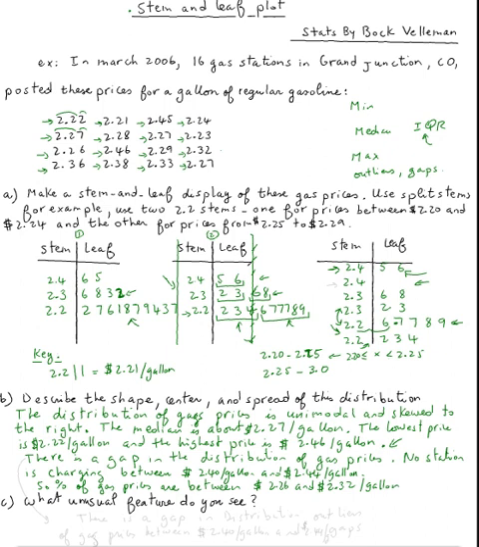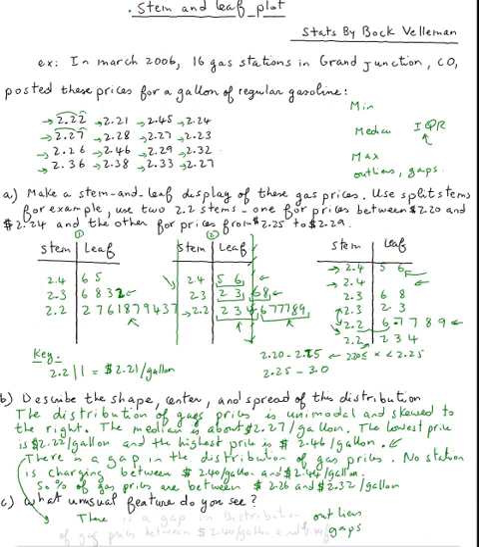Now, what unusual features do you see? Remember, unusual features, you need to talk about, that's what I was talking about, outliers or gaps. In this case, you can consider 2.45, 2.46 outliers, but there's a gap here. I should have written it. I already talked about it. It's supposed to go in here. Yeah, there's a gap. This is supposed to go in there.